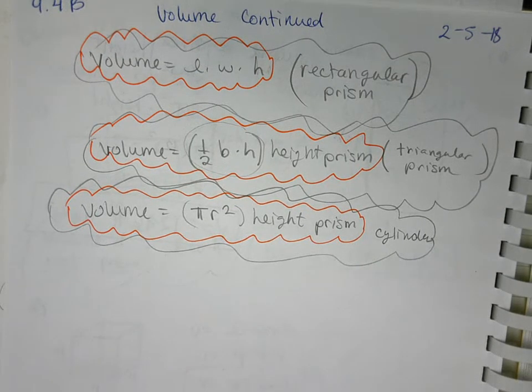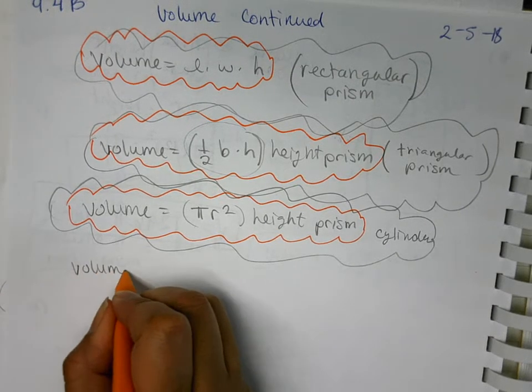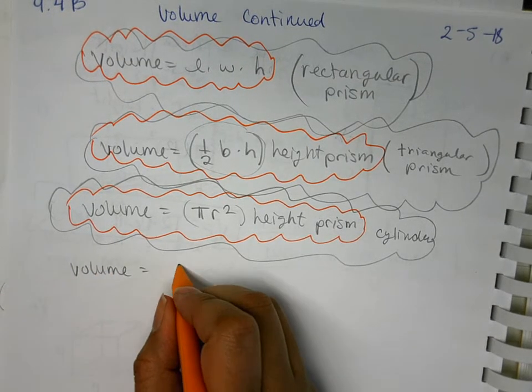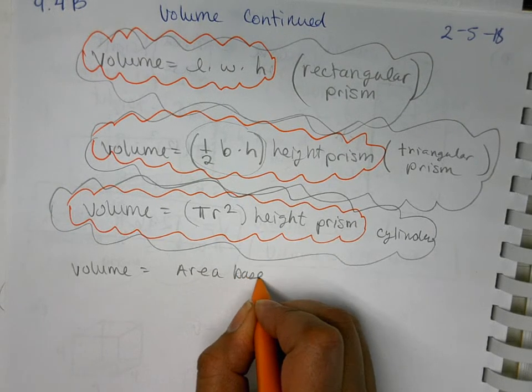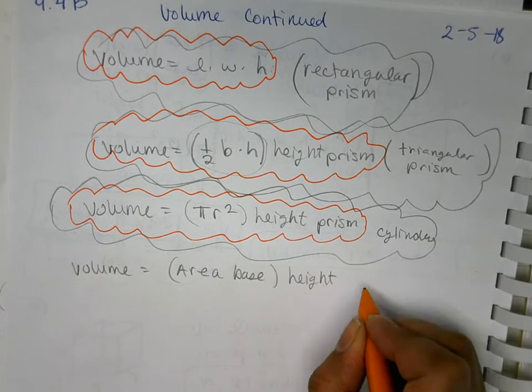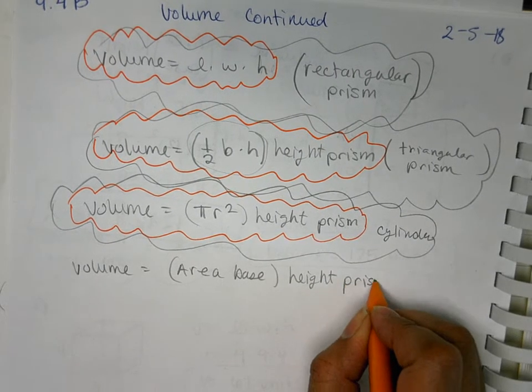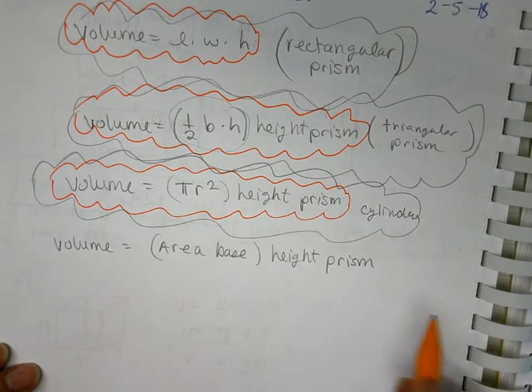Now, what if we have a hexagonal prism? That's the one we're going to be doing today. Area of the base. Didn't you say this one involved all the shapes? Yes. Times the height of the prism.